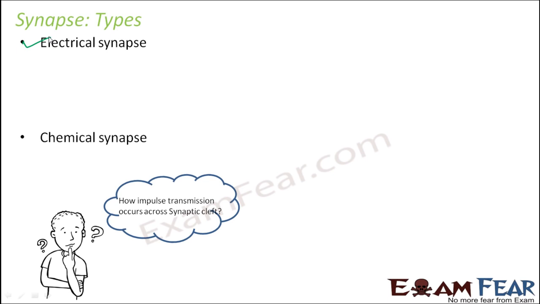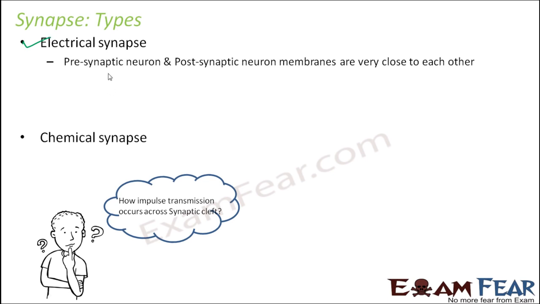What is an electrical synapse? Here the presynaptic and postsynaptic neuron membranes are very close to each other. This is the presynaptic membrane and this is the postsynaptic membrane, and you hardly have any gap between the two. Then it is known as an electrical synapse. In this case, the impulse can directly flow, and the conduction of impulse will be the way it happens in a single neuron, because there is no gap to cross.